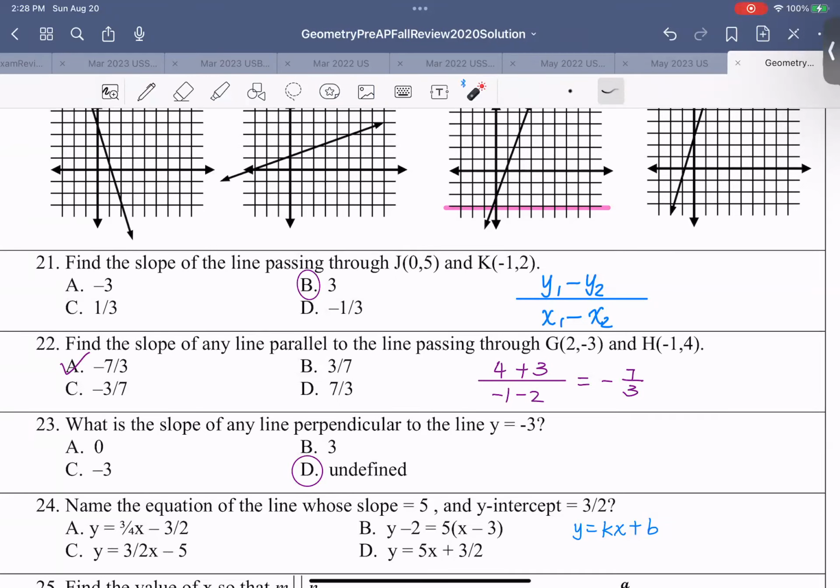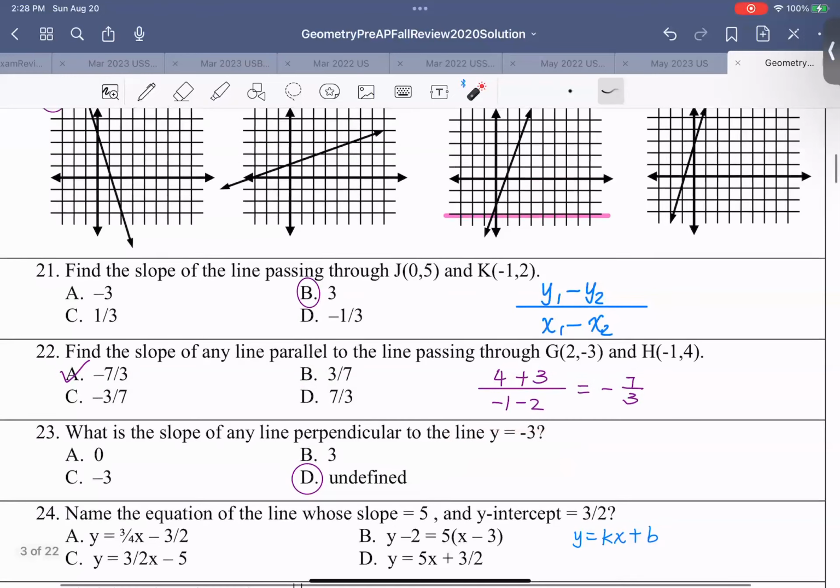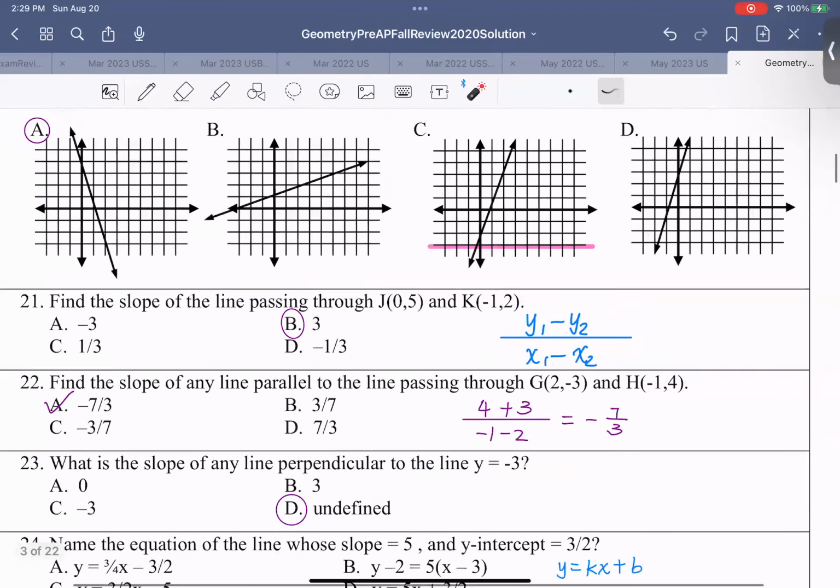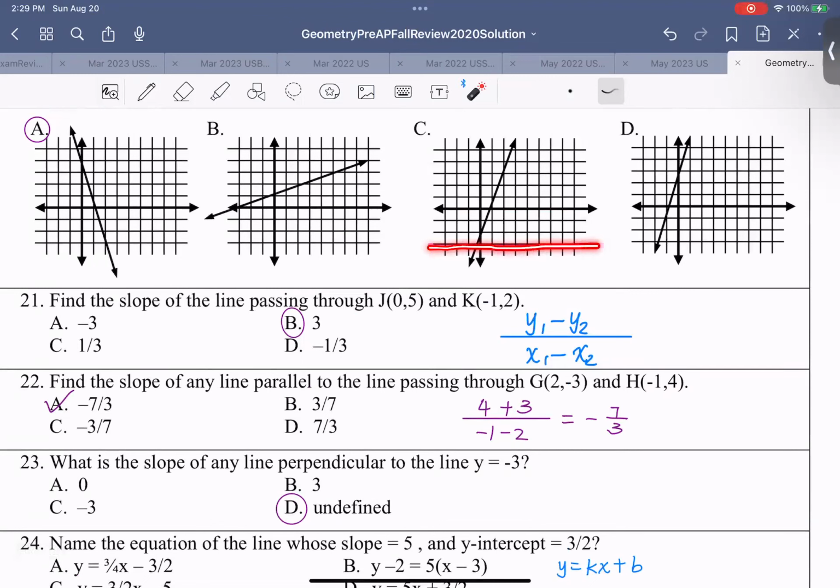Next one here. Look at this. You have a line perpendicular to this. Who is this line? y equals -3, not y minus 3. y equals -3 is what? Is it a horizontal line or a vertical line? Horizontal. We want to make it clear. You have this pink line.